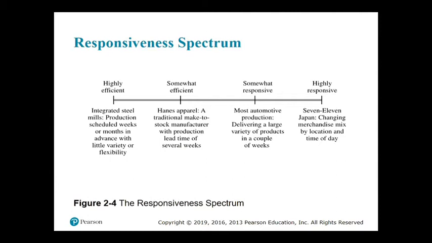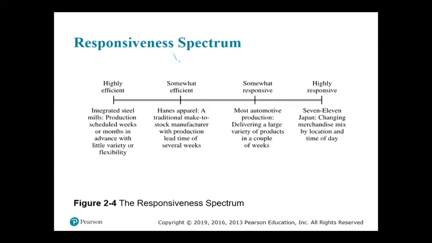Now, again, responsiveness is a spectrum going from the lowest level of responsiveness and the highest level of efficiency to the lowest level of efficiency and highest level of responsiveness. And usually, one way of evaluating responsiveness is through lead time.